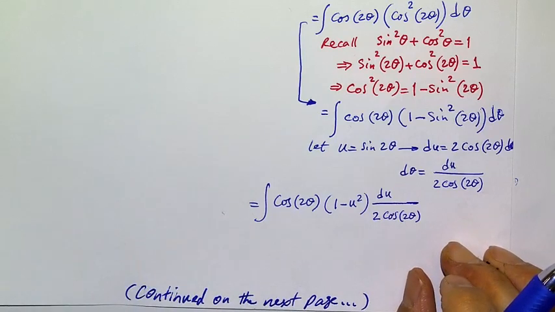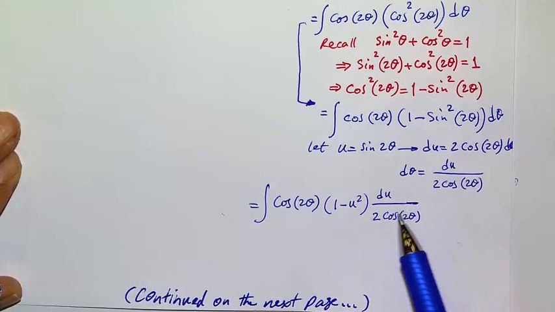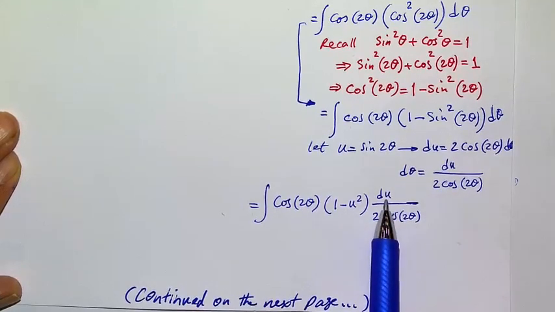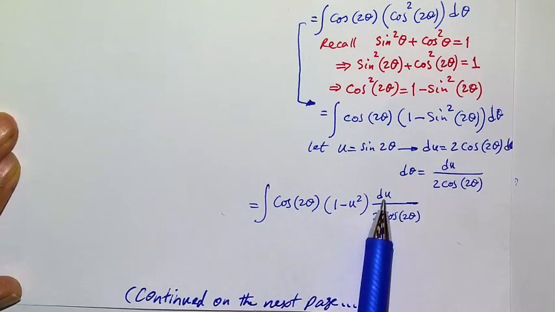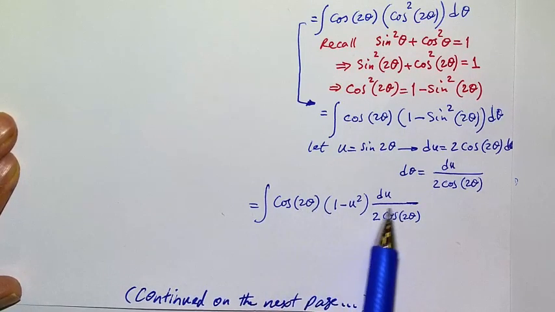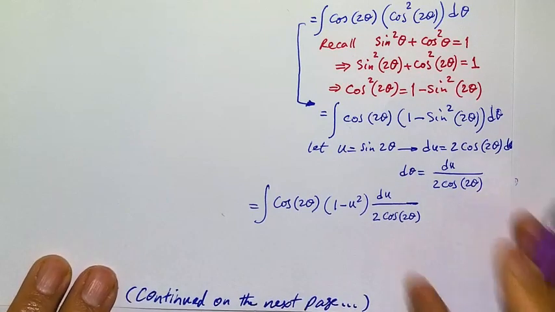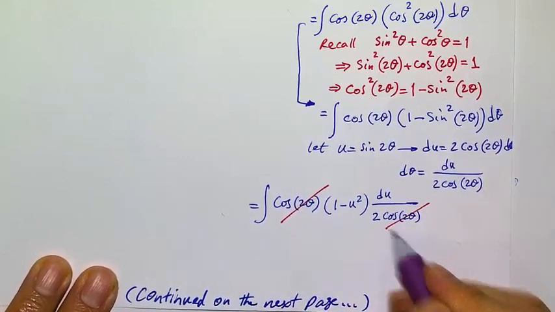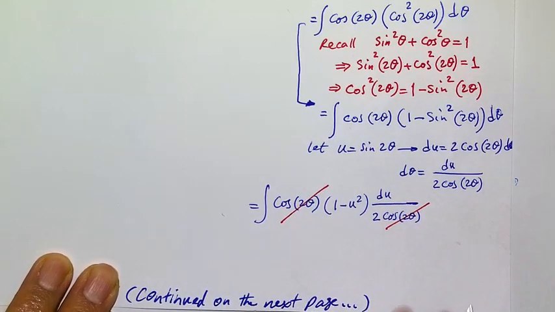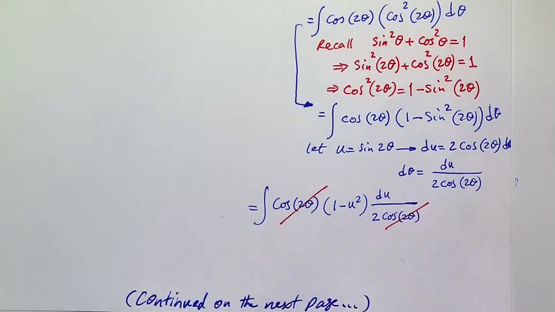If you're quick as I know you are, you're going to now say, wait a minute, you're saying du, but you still have theta here. You can't have 2 different parameters here. But fortunately, in this case, cosine 2 theta and this cosine 2 theta cancel out.